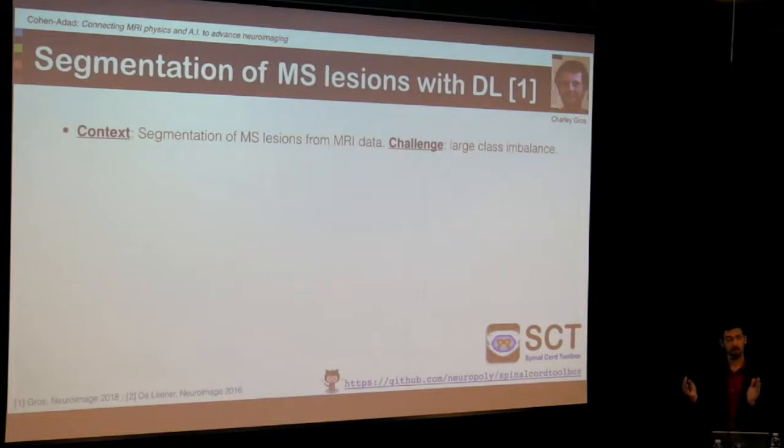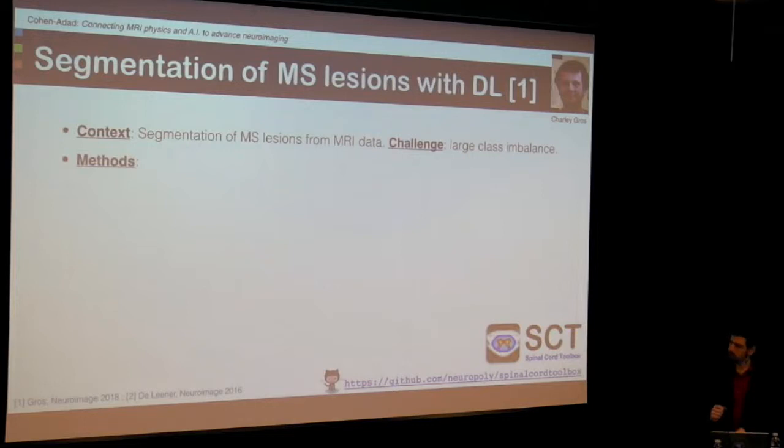And MS lesions are represented by only a very, very small fraction of voxels inside these big volumes. Could be 10, 20 voxels compared to 100,000 voxels. So it makes it very challenging for the deep learning models to learn where to spot those lesions.